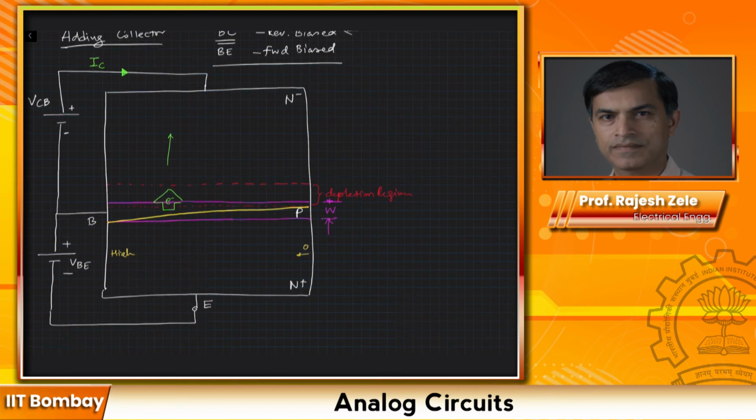Now let's come back to some numbers here. The steep profile that we now have, earlier we had an exponential profile. Now instead we have this almost linear steep profile. So what is the slope of that profile here?